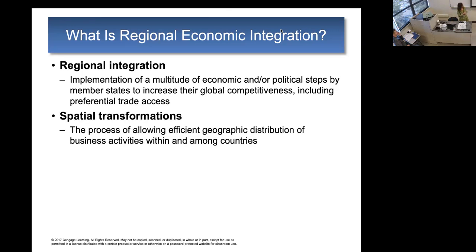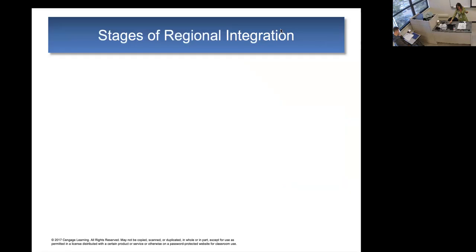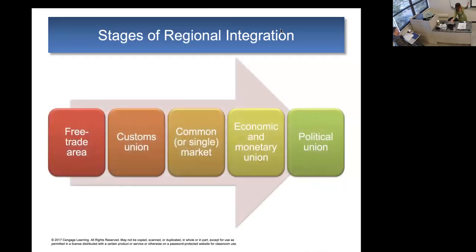Regional integration is a process allowing efficient geographic distribution of business activities within and among the participating countries in those agreements. The integration goes in stages. You don't all of a sudden open it all up, and we saw this happen with the European Union. First, you have the free trade area, identified through the agreement.